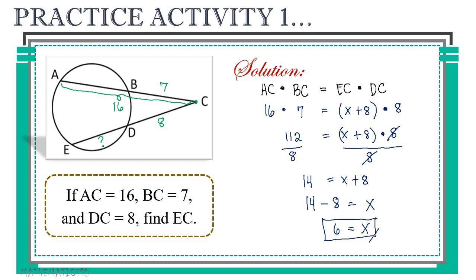Now, this is our value of x. Since we represent the segment DE as our variable x, we can conclude that the measure of the segment DE is equal to 6 already. But according to our problem, what is the measure of the secant EC?